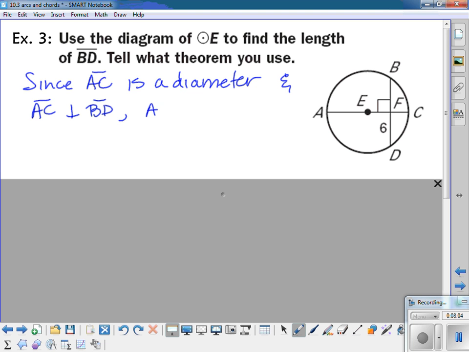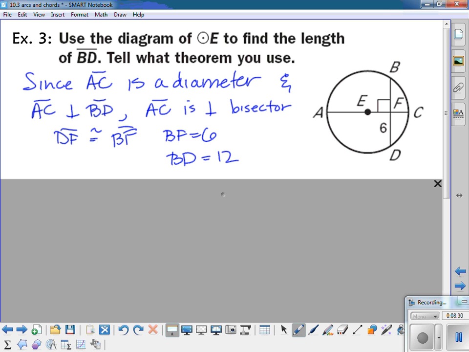Therefore, I know that AC is a perpendicular bisector, which means that DF is congruent to BF. And since I know that DF is 6, that means BF is also equal to 6. And so the whole thing, BD, would equal 12.